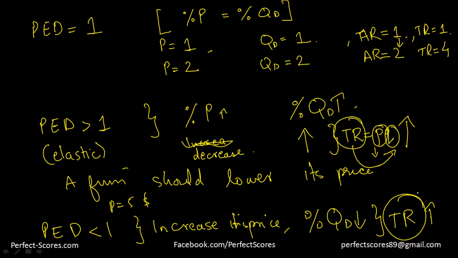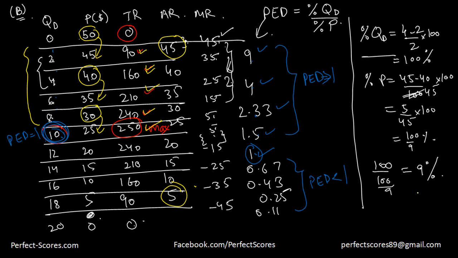Now let's see it again in this graph. Here, the price elasticity of demand is less than 1. If you increase your price, let's suppose from 5 to 10, your total revenue goes from 90 to 160. If you increase from 10 to 15, the total revenue goes from 160 to 210.